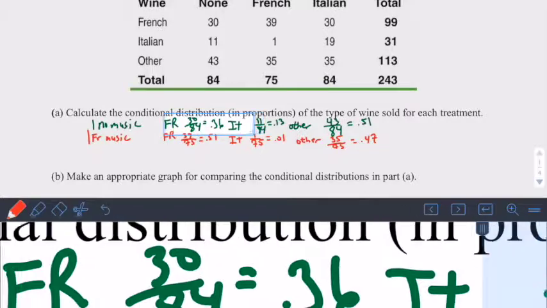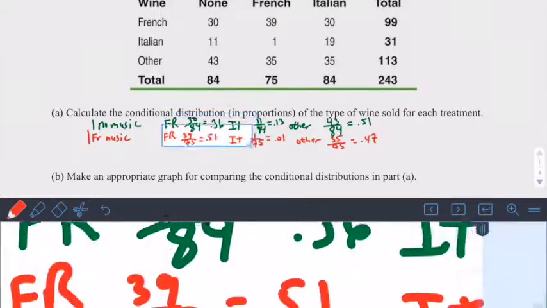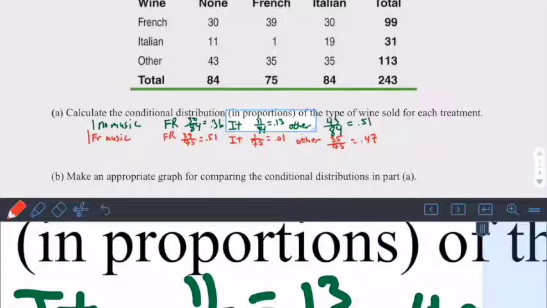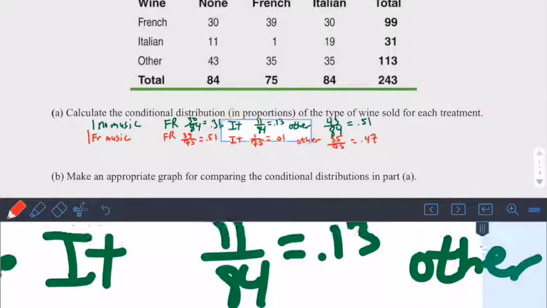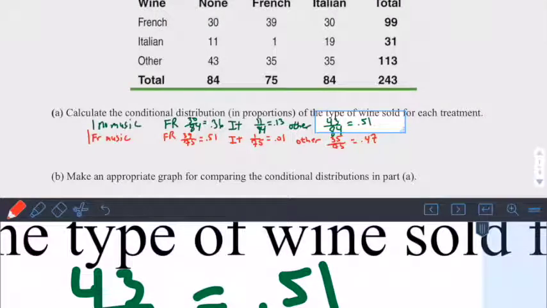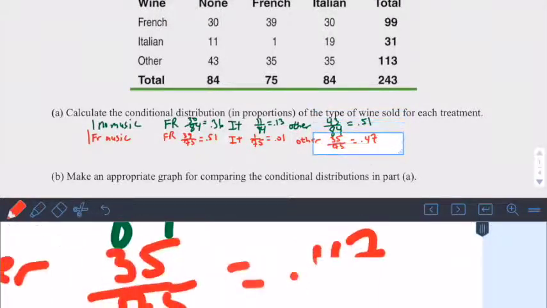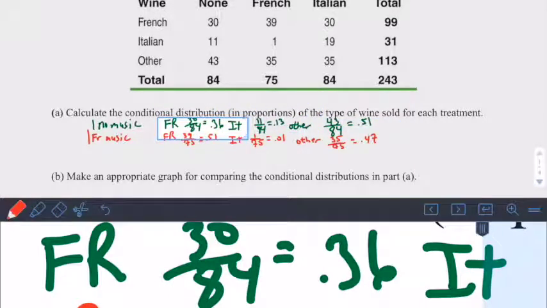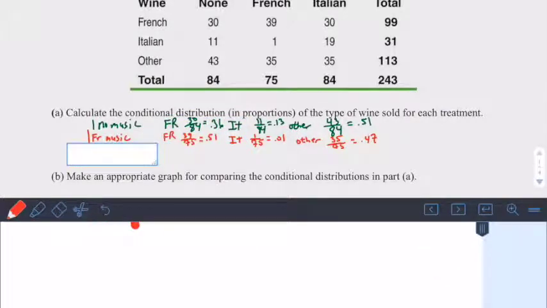It looks like French music increased French wine sales. It looks like the French music decreased Italian wine sales. And it looks like French music decreased your other wine sales a little bit. Now, are these differences significant? Well, we also want to look at our last one, given Italian music.